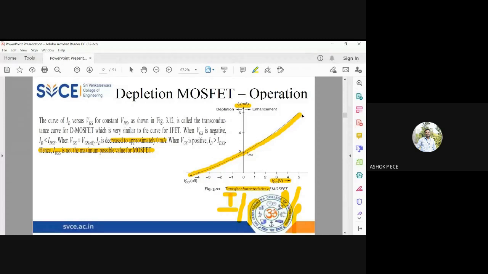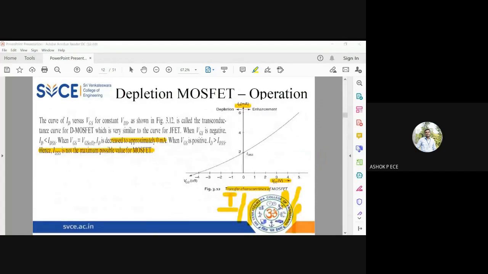Mathematically, the transfer characteristics are exactly the same. The JFET diagram will be like this. If you remember, it will be increasing and constant, and this constant value you call IDSS. But here you see it is even increasing after IDSS. So this is not the maximum value for your MOSFET.